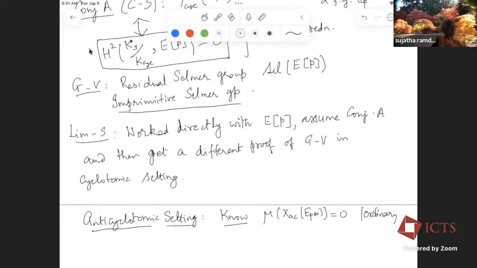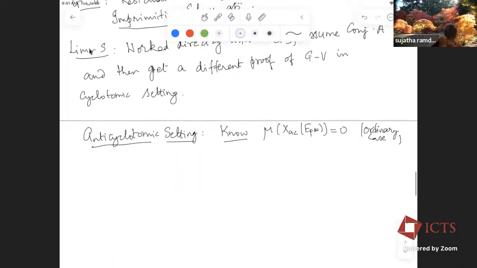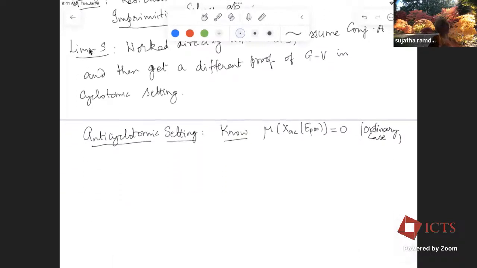But the proof of this is subtle. Again, this proof is due to a number of people: Bertolini, Darmon, Pollack, Weston. I have to mention a lot of names, Greenberg and all of them. But somehow this proof that the mu invariant is 0 needs a main conjecture. So it needs very heavy machinery. And then once you have that machinery, you know analogs of Greenberg-Wuthrich's result.